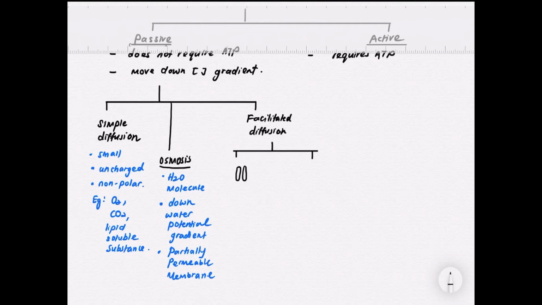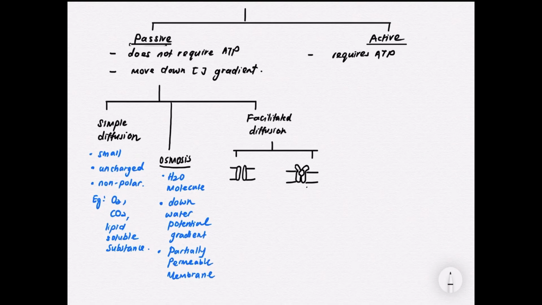Channel protein looks like this, where it has a hydrophilic pore, whereas carrier protein actually changes shape and it has a specific binding site. So this is the channel protein, while the other one will be the carrier protein.